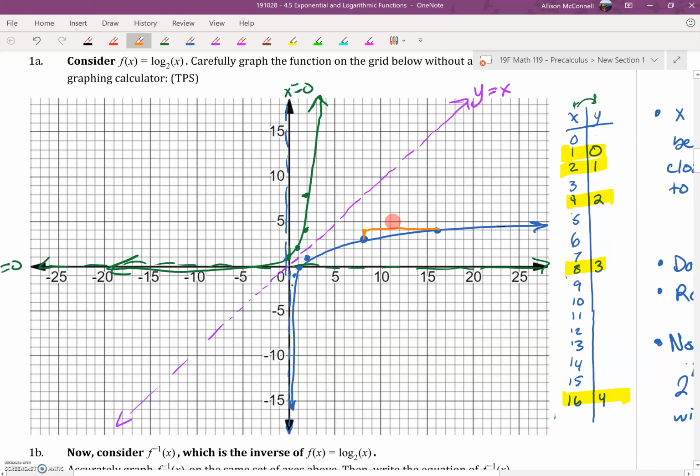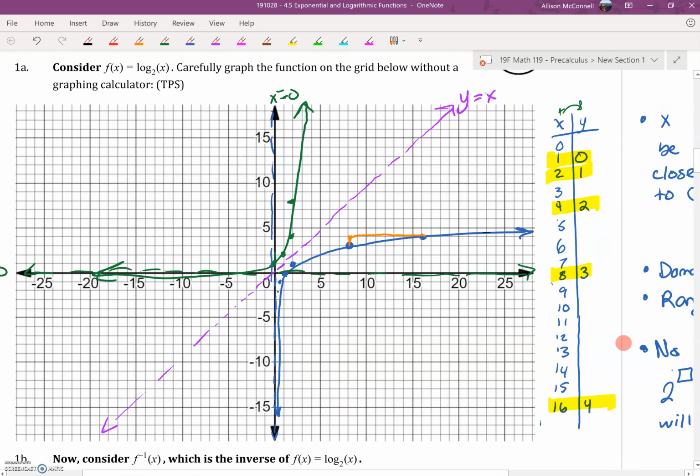The other thing to notice for these intervals of increasing, more of an extension, is that these are both increasing, but they have distinctly different shapes. This one's more of a cup, this one just kind of rounds over. But they are both increasing, so this is not a minimum and this is not a maximum.